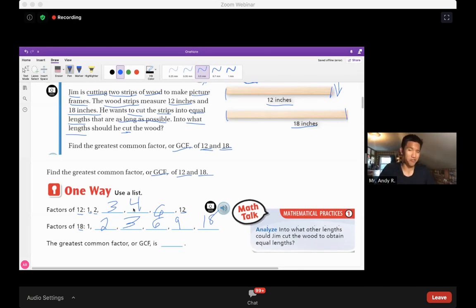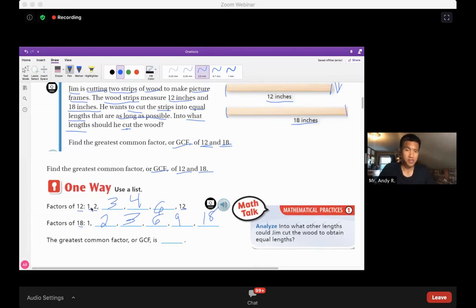Okay, so what are the common factors? Give me the list of all the common factors. Yep, 1, and then 2, and 3, and then 6. Is that it?